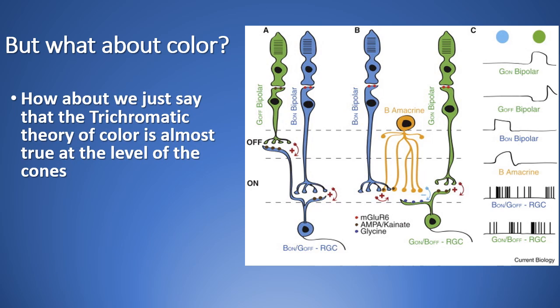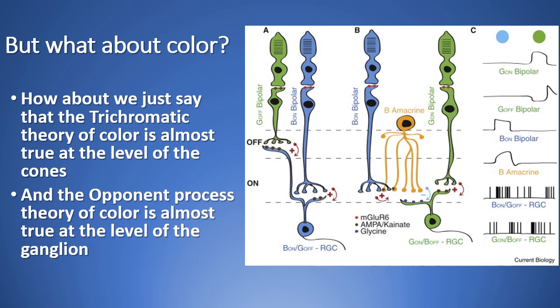Your book is going to talk about how there's a trichromatic theory of color, and there's an opponent process theory of color, and one is true and the other is true. That's accurate. Trichromatic theory of color is true at the level of the cones. So there are 3 cones that are sensitive to different portions of the visible light.